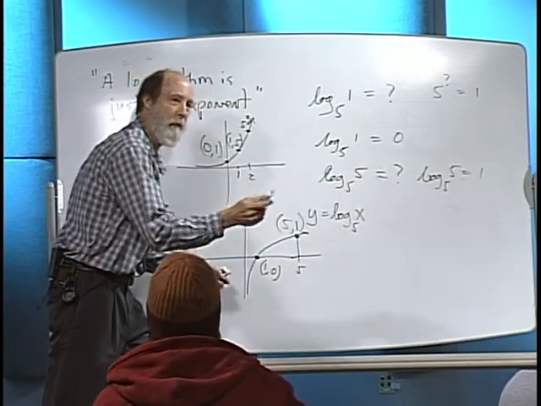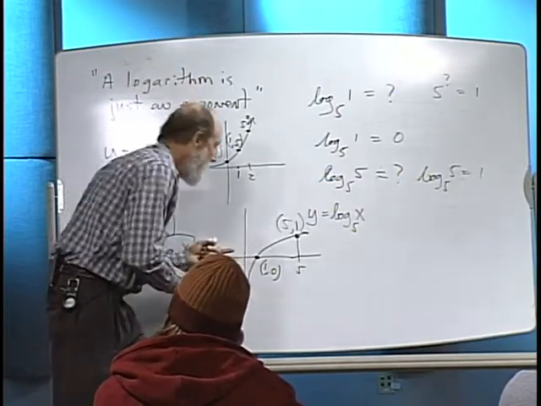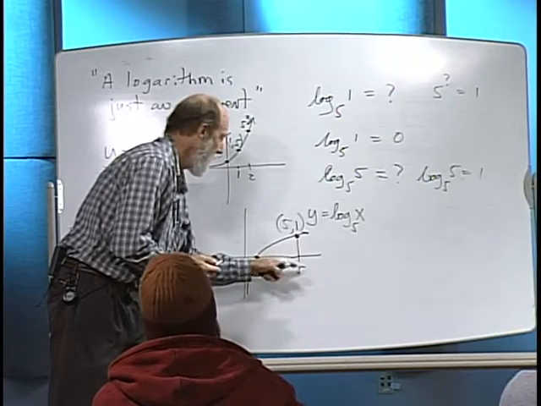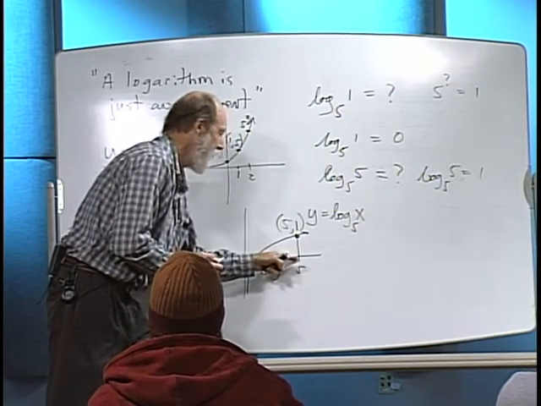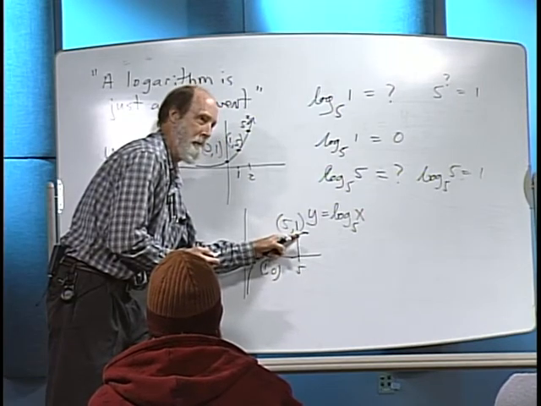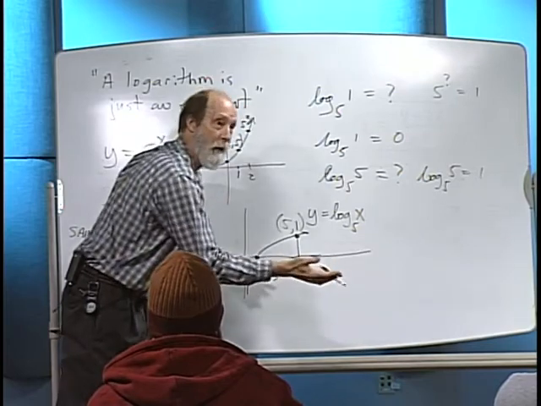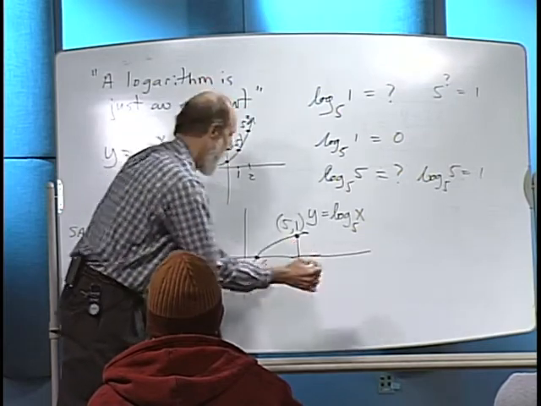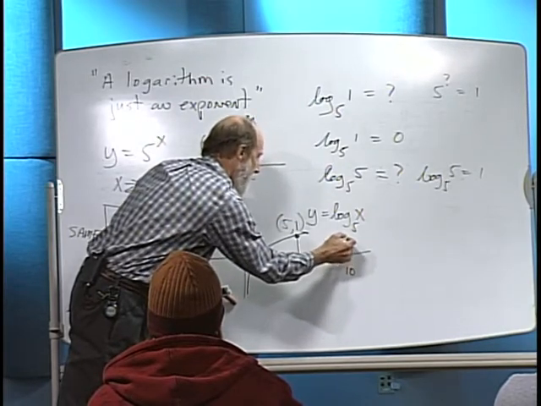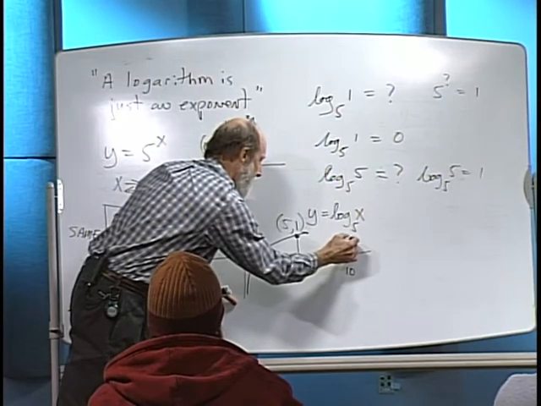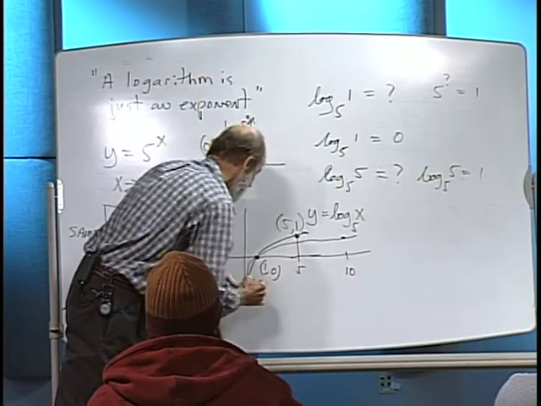So for other base logarithms, like 10, like 2, etc., you have to go over in the domain to the basis value to find a height of 1. So if I was dealing with a log base 10, which is called a common logarithm, and I'll give you more detail on that in a second, if I went out here to 10, I would be up at this same height 1 if I was on a logarithm base 10 graph.